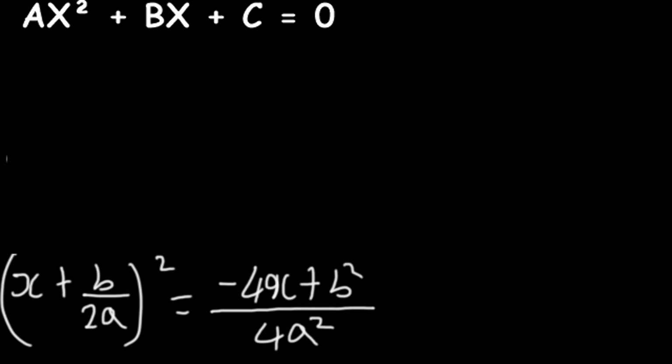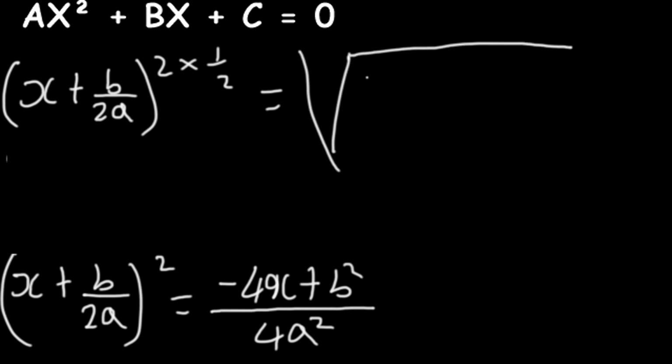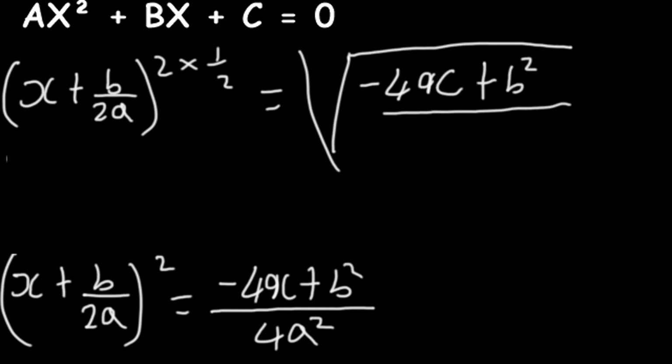So rooting both sides, we have the square root of x plus b over 2a all squared to be equal to the square root of minus 4ac plus b squared over 4a squared.